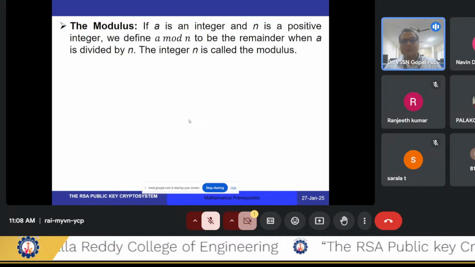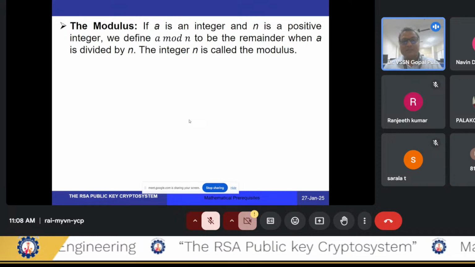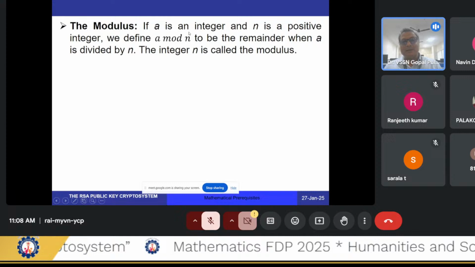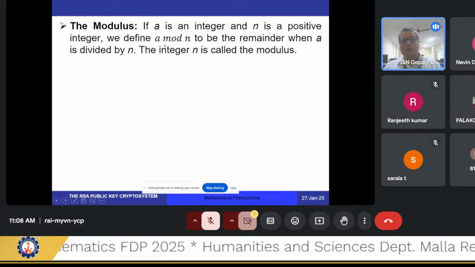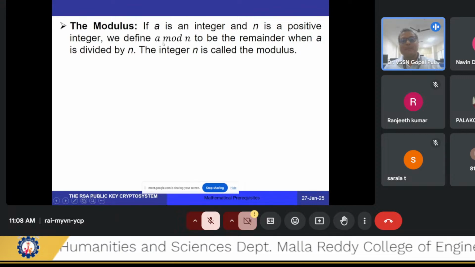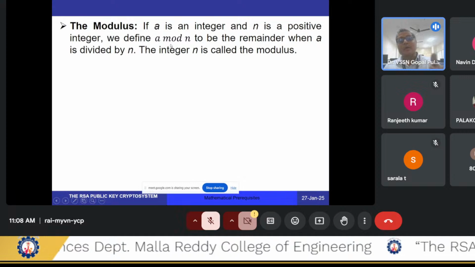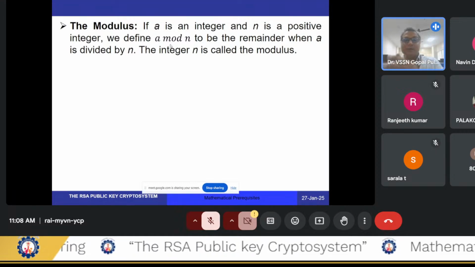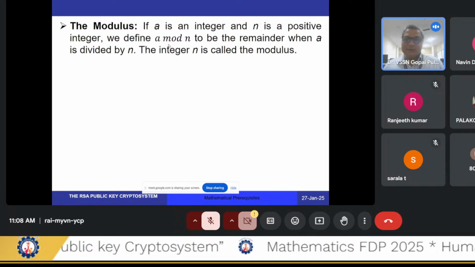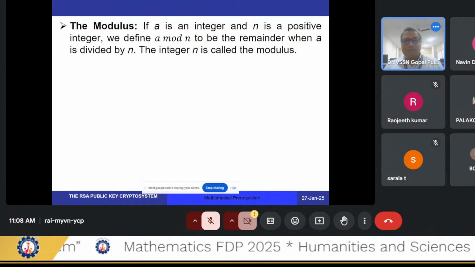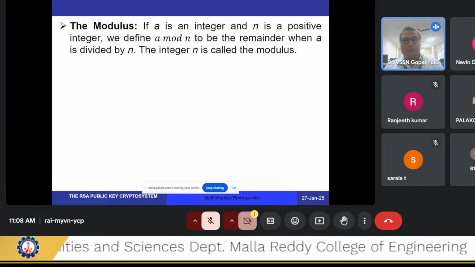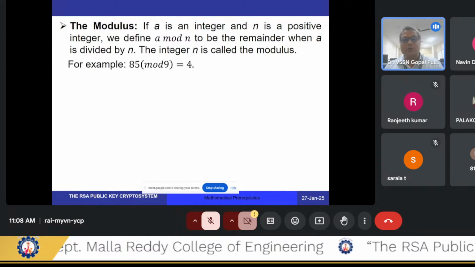In this case n is said to be the modulus.